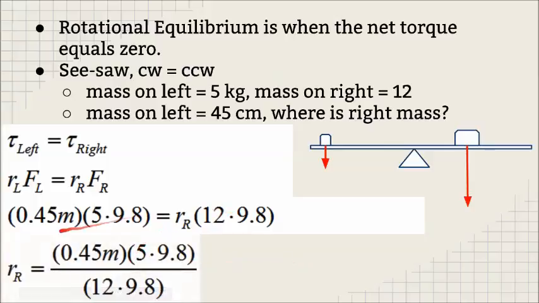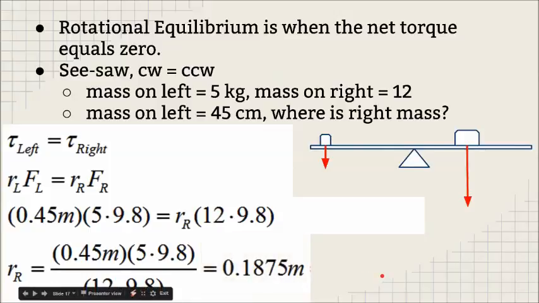We're going to multiply the things on the left, and then we're going to divide it by the 9.8. It's true that the 9.8s both cancel. And it wouldn't matter if we left it in centimeters because then our units are just going to be centimeters. This calculation comes out to 0.187 meters, which is about 18.75 centimeters.